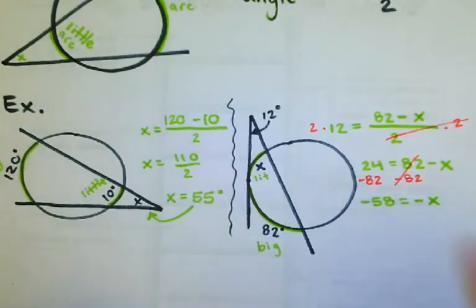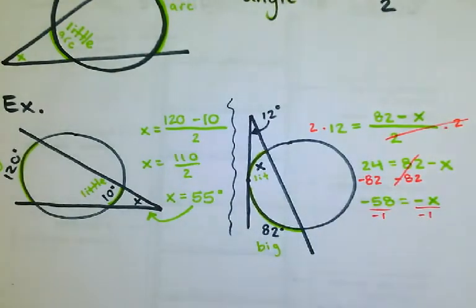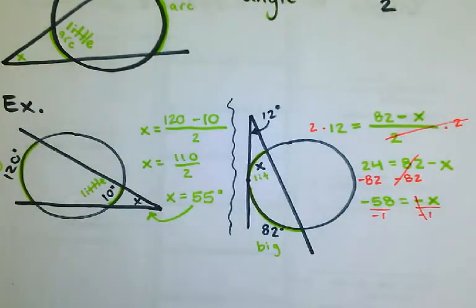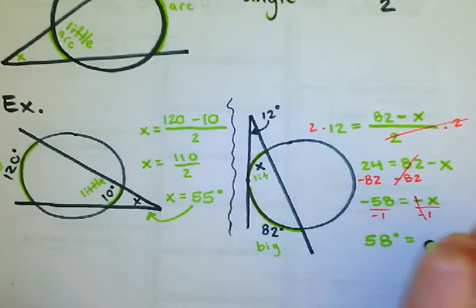How would I get rid of this negative x? Divide by a negative 1. Because that gets rid of your negative, and that's going to get rid of your negative on the other side as well. So that means x is equal to 58 degrees. And that is your little arc in there.